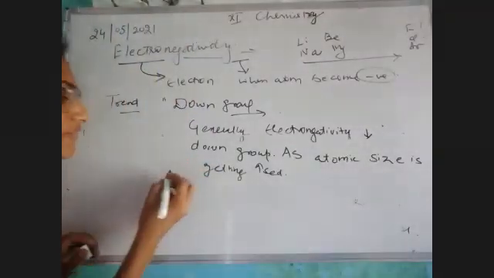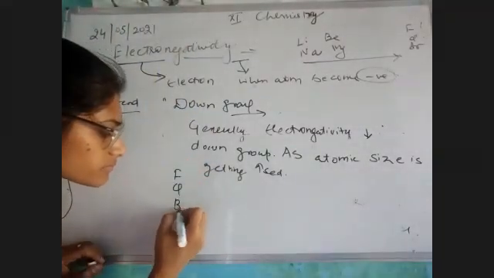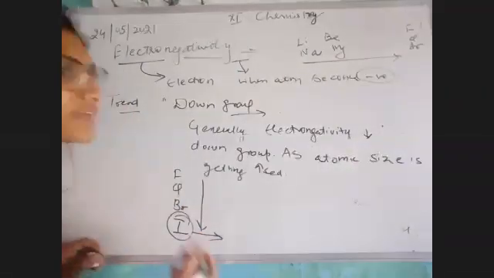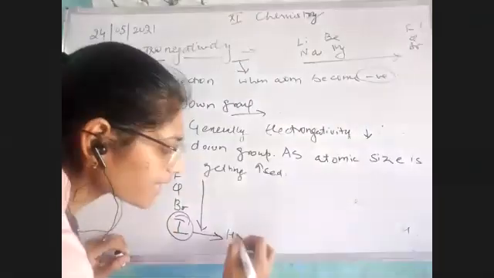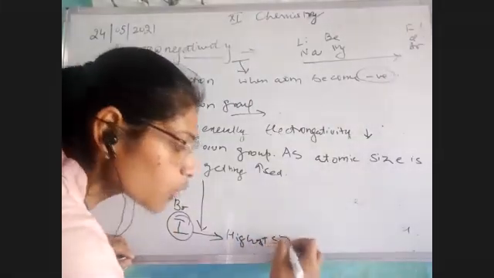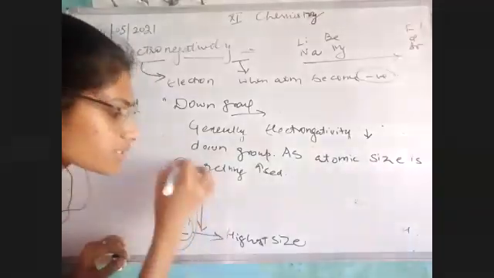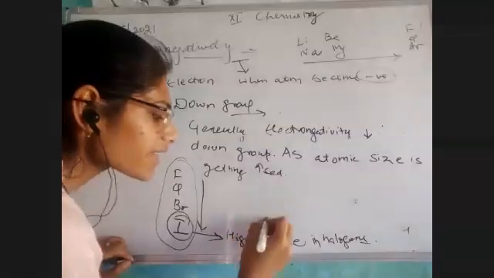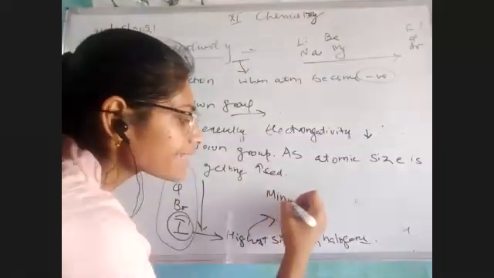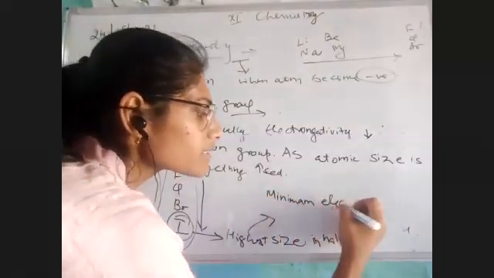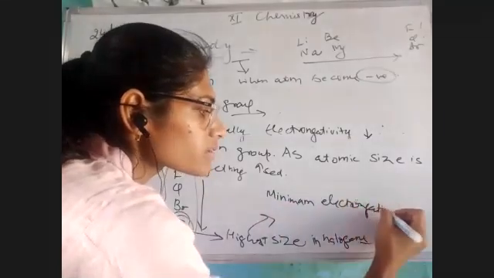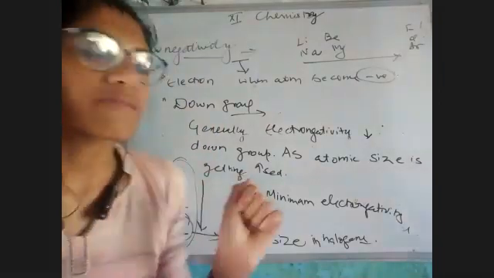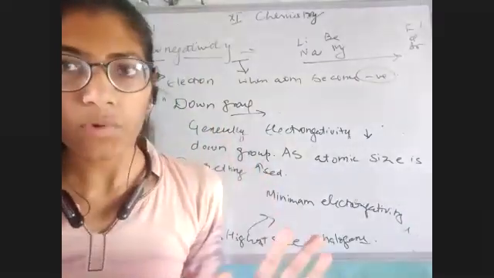For example, if I'm talking about iodine, iodine has, we can say, the highest size, not in the periodic table, but in the halogens. And hence, it has the minimum electronegativity among the halogens. Hence, we can say atomic size and electronegativity are inversely proportional to each other.